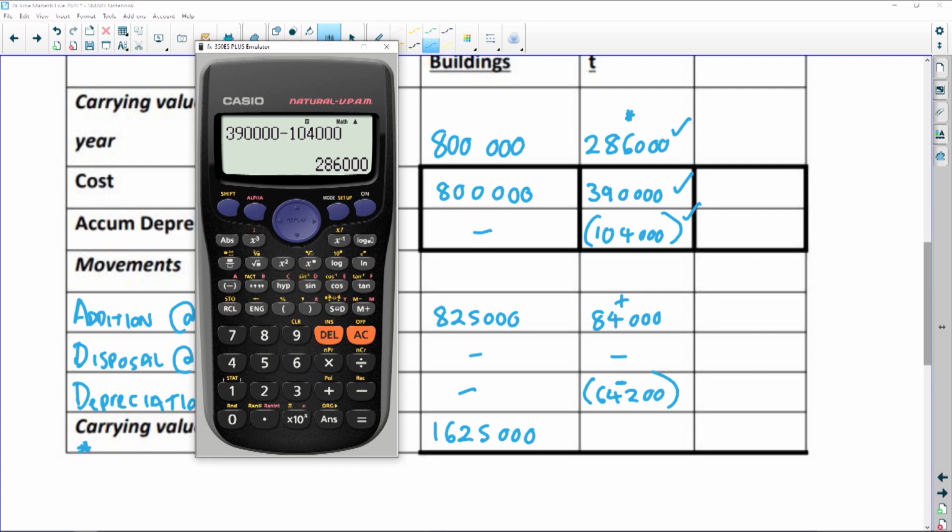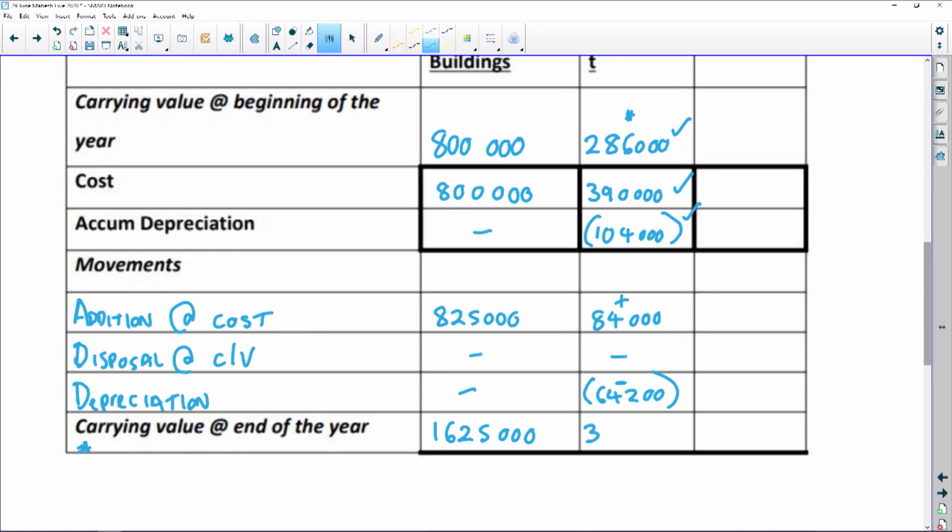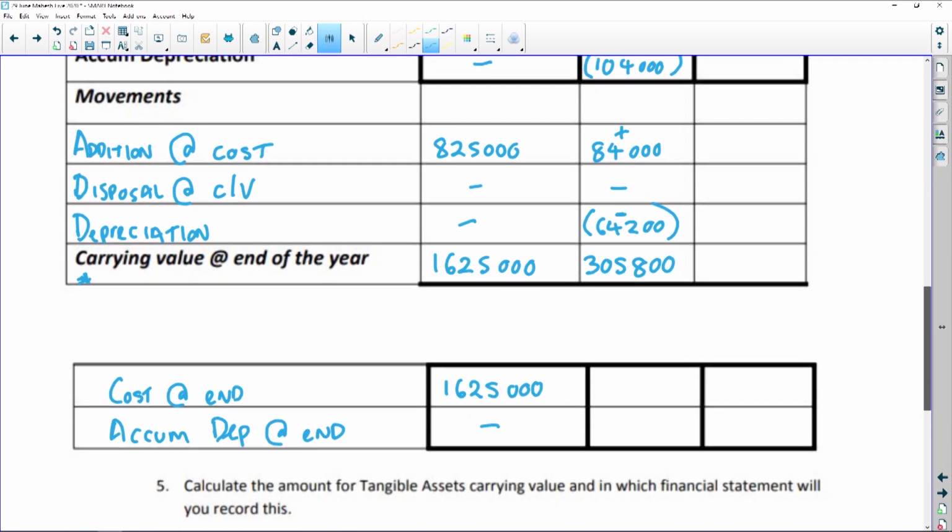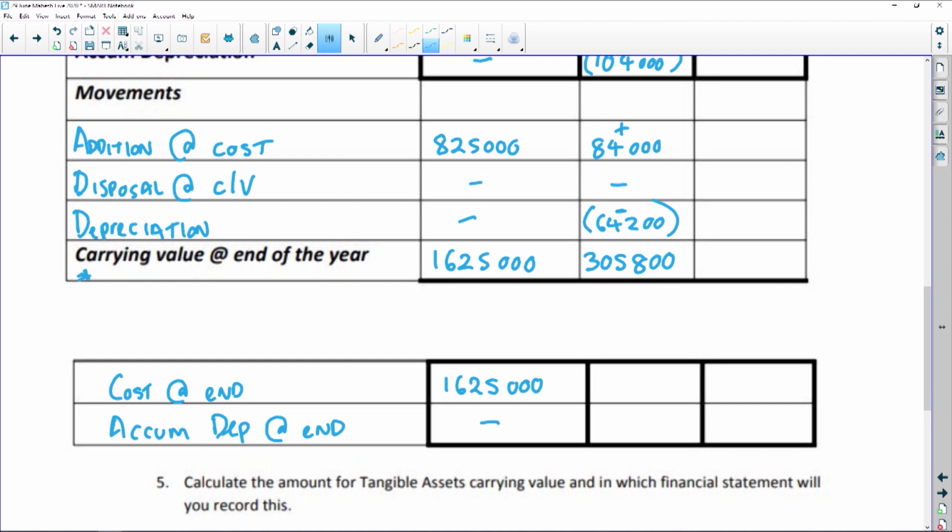So 286,000 plus 84,000 minus 64,200, and at the end of the year, my carrying value is an amount of 305,800.